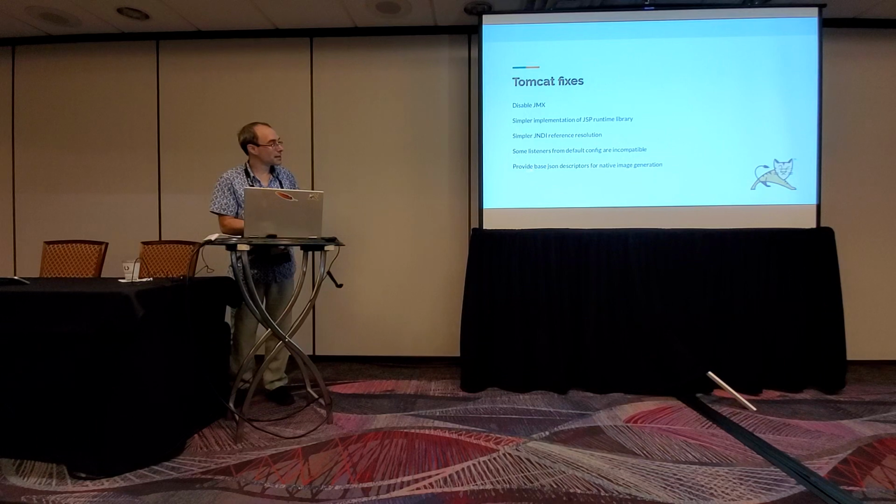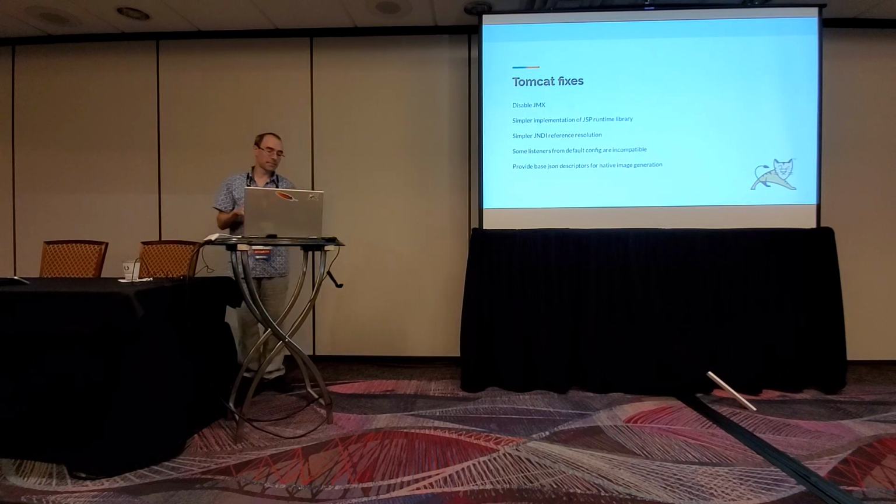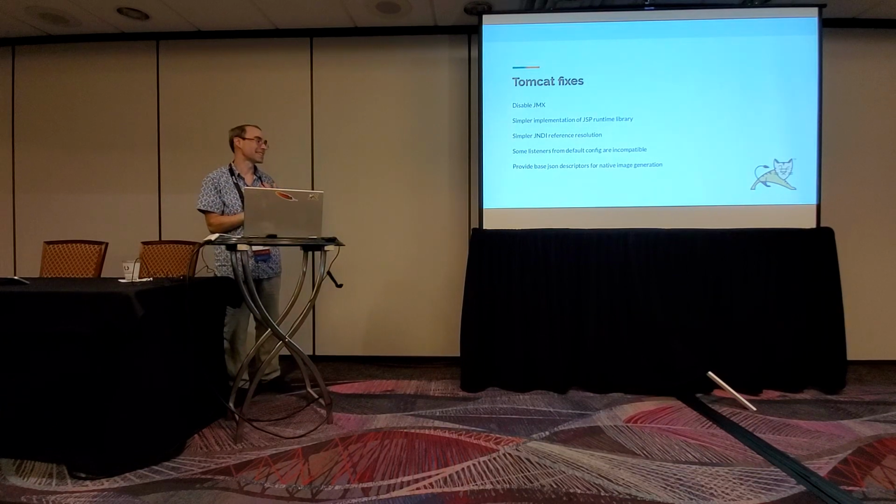And so the goal is to also provide base JSON descriptors for the native image generation. Basically, as I said, the trace agent isn't detecting some base interfaces that are used in reflection. And so I had to provide a base descriptor which said, you have org.apache.catalina.Context, it has to be known to reflection and things like that.